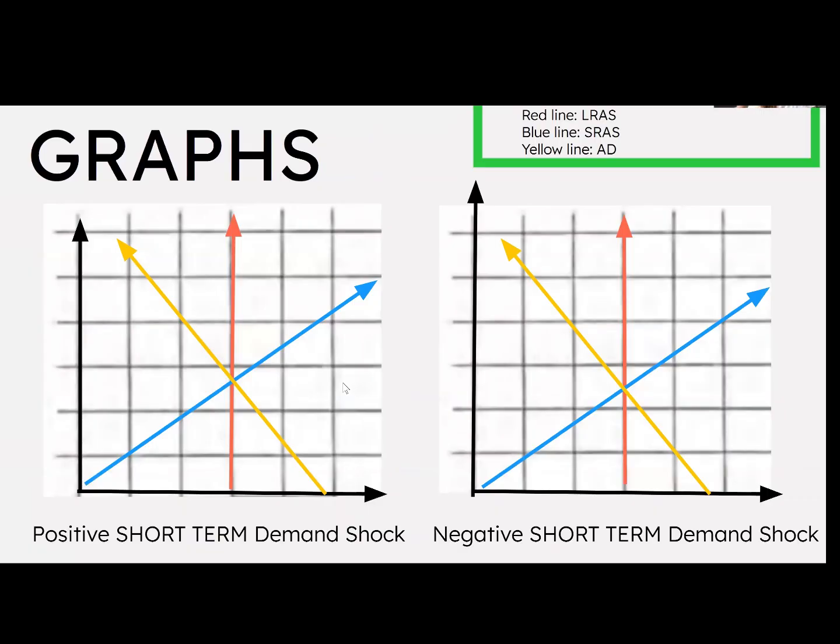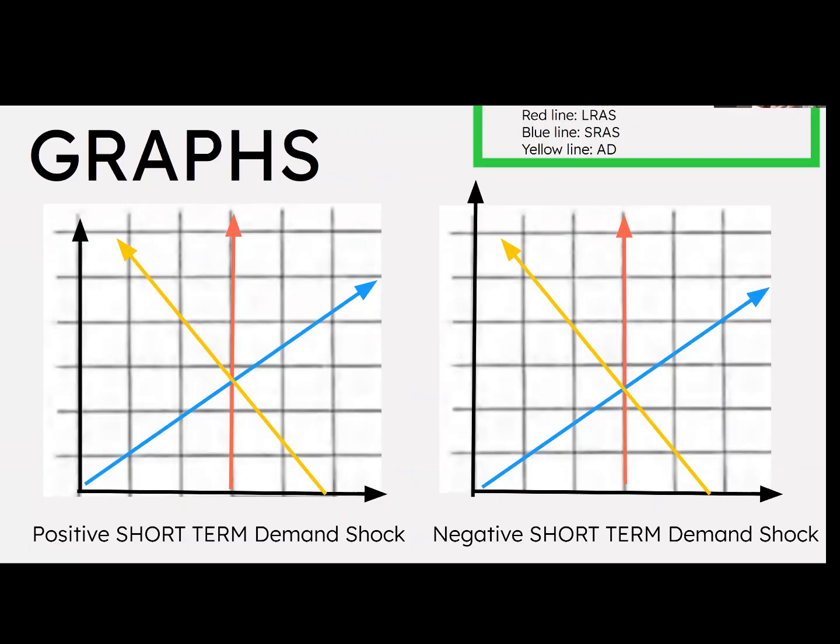Okay, so now I'll walk through a couple examples demonstrating how demand shocks can be represented graphically. Okay, so first example, we're looking at positive short-term demand shock. So let's just say that housing prices have increased. So as house prices increase, there's an increase in wealth, which means there's an increase in our consumption.